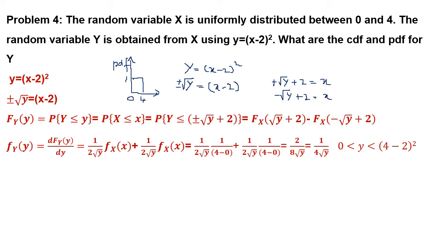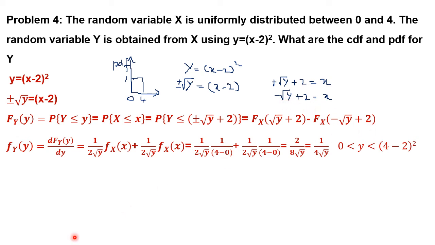Now we have to find the CDF. CDF is given by the probability of y less than or equal to y, and probability of x less than or equal to x is given by probability of x less than or equal to plus or minus root y plus 2. That gives you the probability of FX of root y plus 2 minus FX of minus root y plus 2.